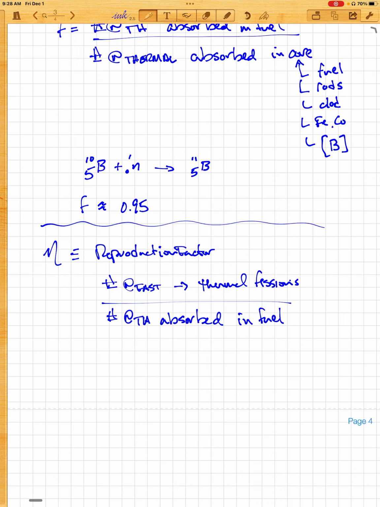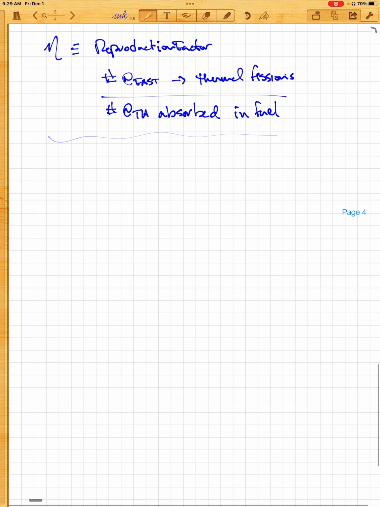You're not God. You can't make U-235 fission just because it found a thermal neutron. Okay? So we're going to go ahead and just call that negligible.